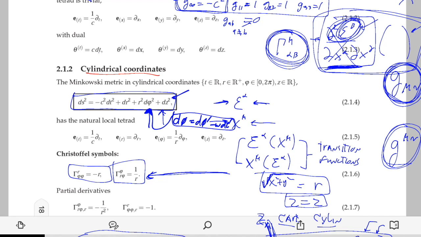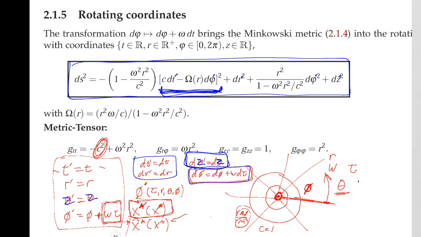And then the others: dz equals dz prime, dt goes to dt prime, dr goes to dr prime. Let me make sure that'll be z, and that theta doesn't exist. That's just a z. It's even easier to understand.